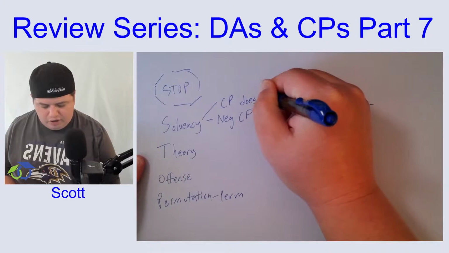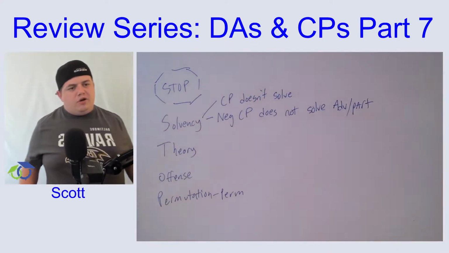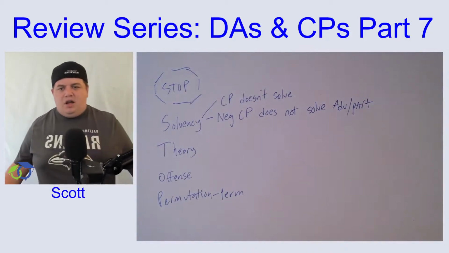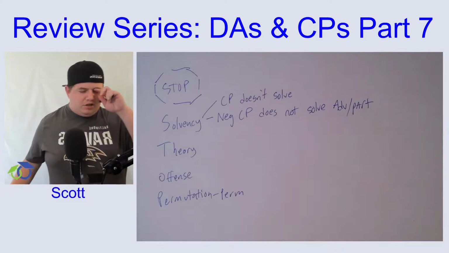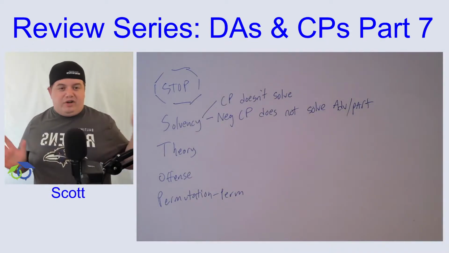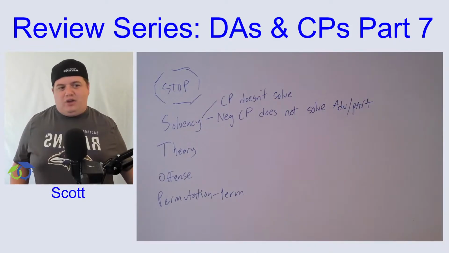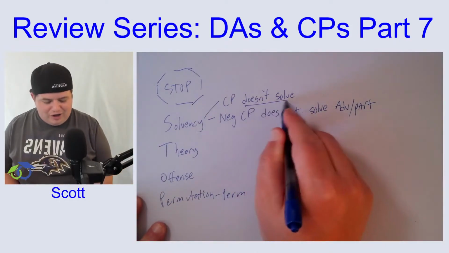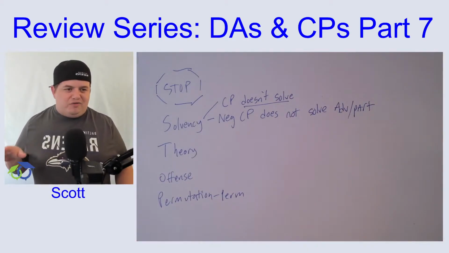The other way that you can view solvency is that the counterplan doesn't solve. So this would be used in specific scenarios where the counterplan does something that is not likely to occur. For instance, there's an old AF and counterplan on space topics that has the federal government do a space elevator. There's lots of really good evidence that says a space elevator is not technologically feasible.